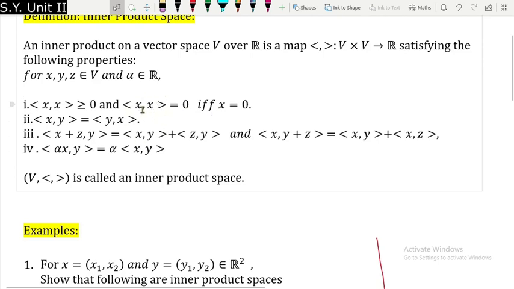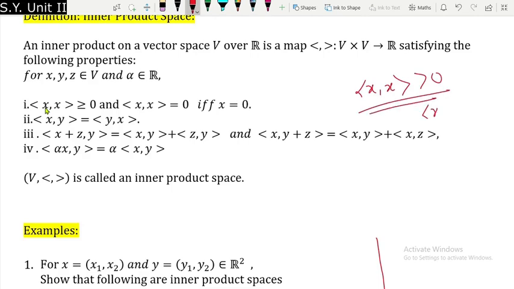I mean if you know that this x is non-zero, then you can directly say that it is guaranteed that this inner product of x with x is going to be strictly greater than 0. Is that okay? So the inner product of x with x is equal to 0 if and only if x is equal to 0. That is what the first condition is saying.